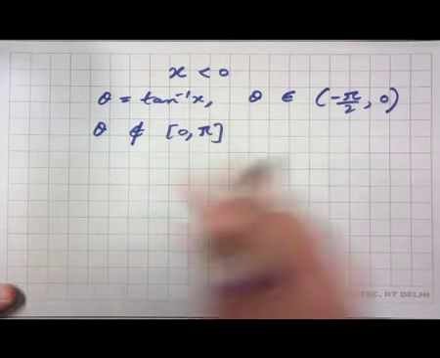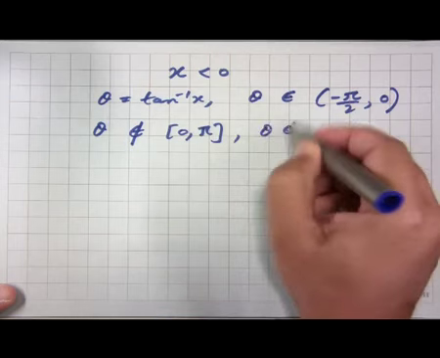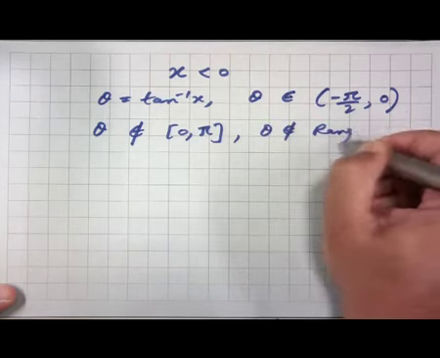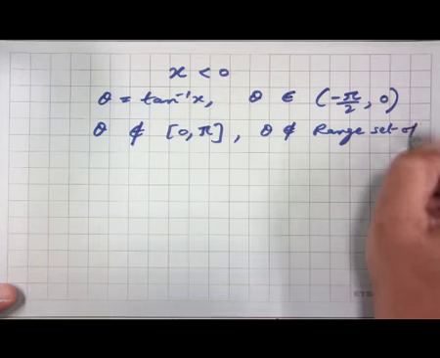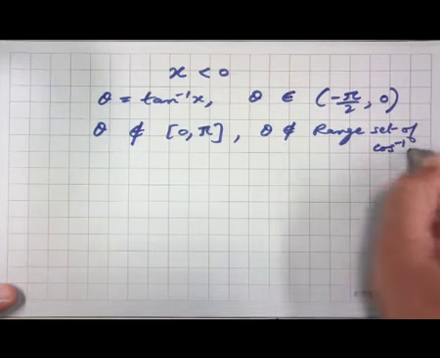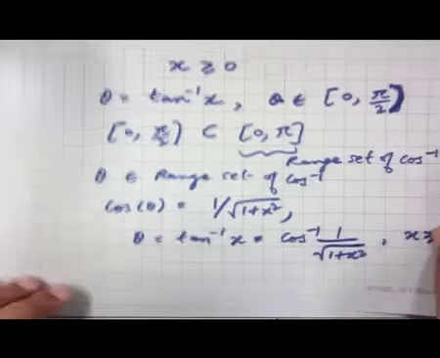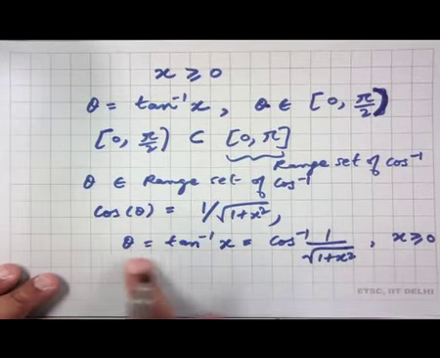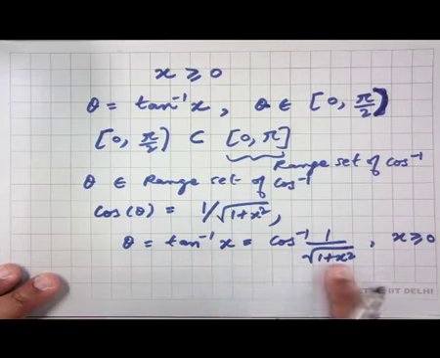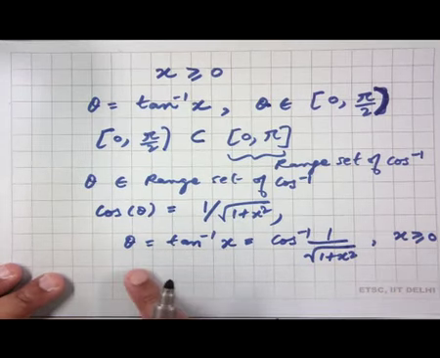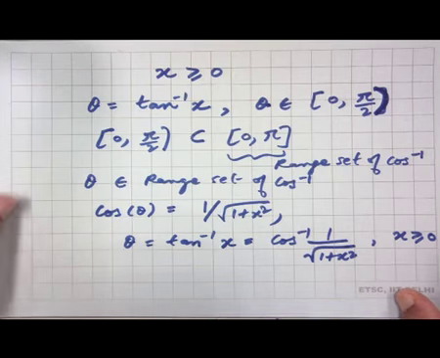So essentially in this case theta does not belong to the range set of cos inverse, and therefore we cannot conclude. In this case this statement will no more be true, because for the case of x negative our theta is not belonging to the range set of cos inverse.